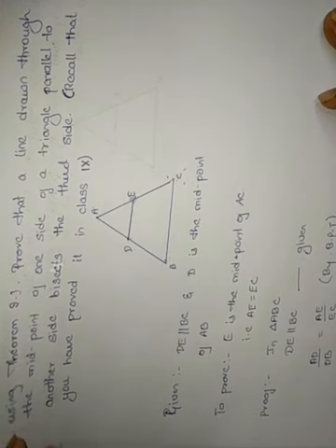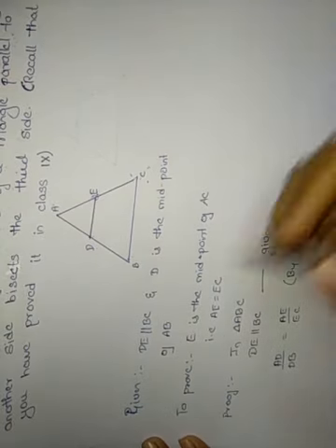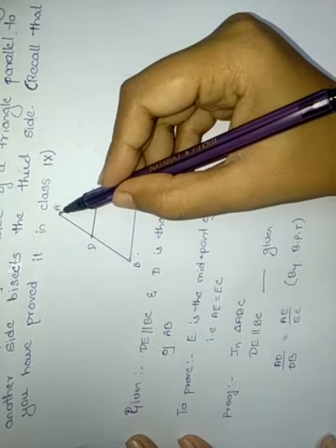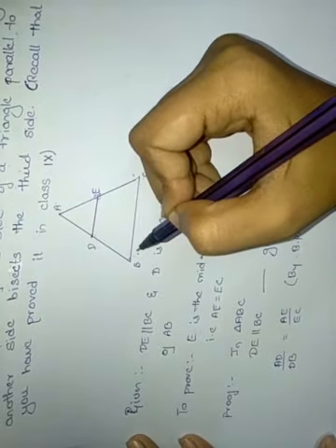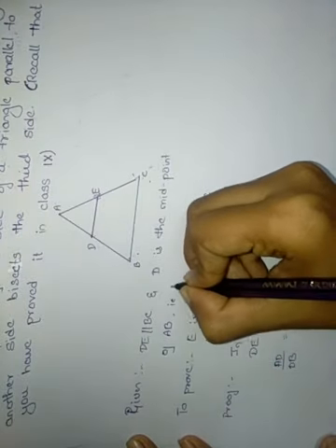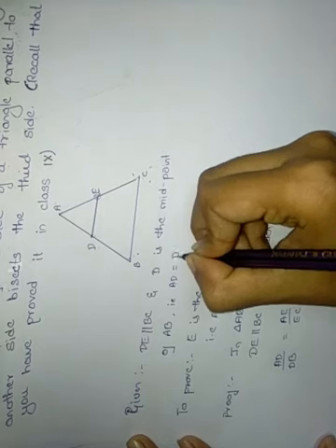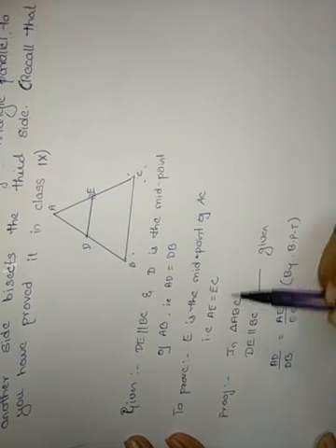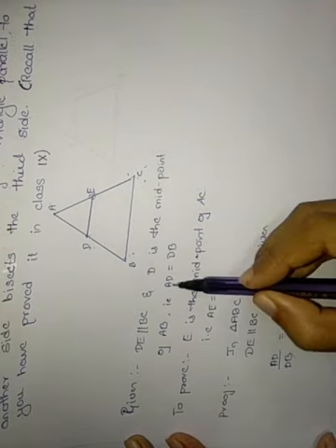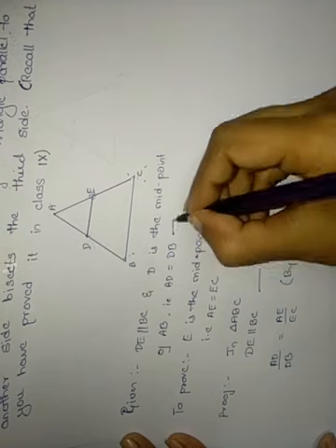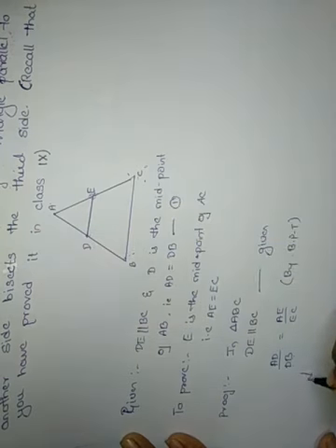Now, here, if D is the midpoint of AB, can we write that AD is equal to DB? Yes or no? So we'll write here AD is equal to DB. You can observe this here. I will replace this DB by AD, and we'll call this 1.